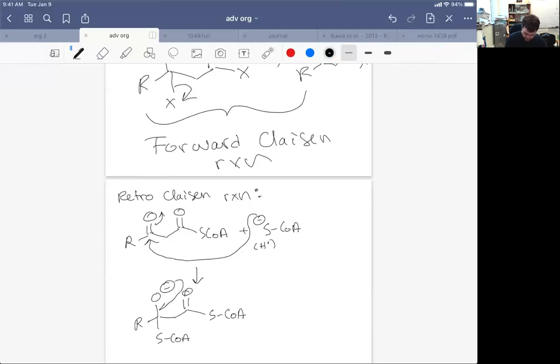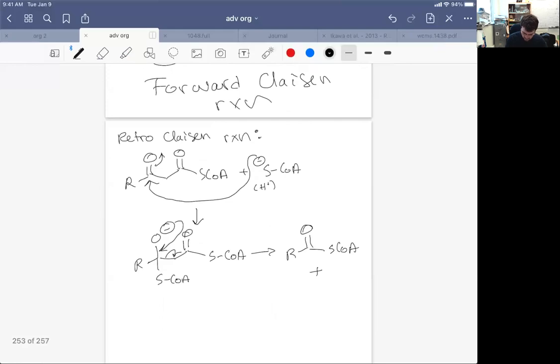Now the negative charge comes down, comes over to put the negative charge on a carbon atom that's alpha to the thioester. That's no problem at all. But what also happens is we break a carbon-carbon bond. And it's that breaking that's the retro-Claisen reaction. I mean, the overall process is a retro-Claisen reaction, but breaking the carbon-carbon bond is the crazy thing that happens.